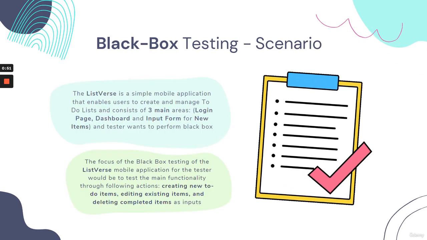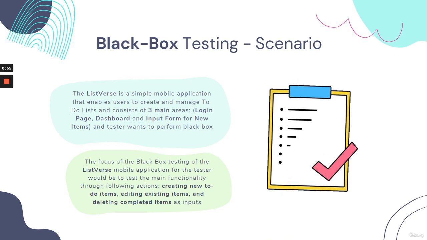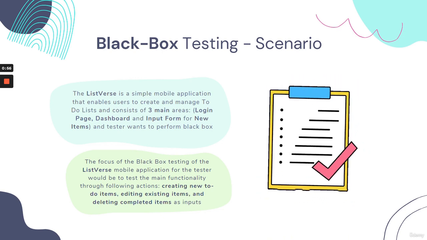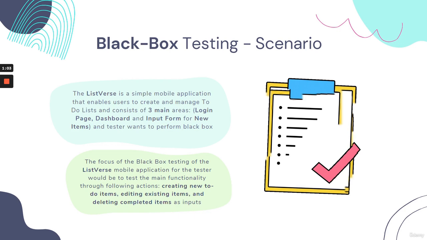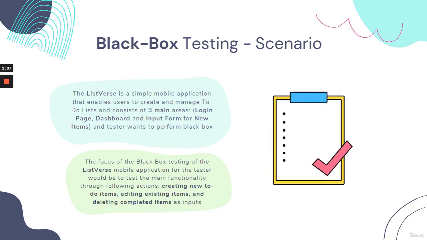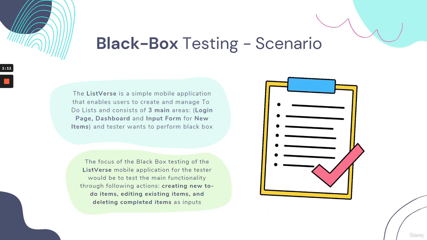Let's look at an example. The list-first mobile application is used to create and manage to-do lists, with areas of functionality such as the login page, user dashboard, and user input form.